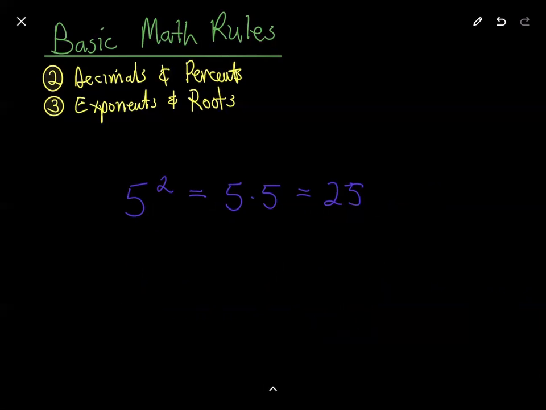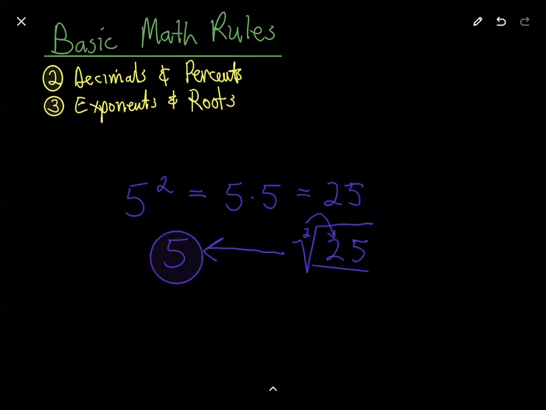You could say then that the square root, which should be written with a 2 inside of the root symbol, but in shorthand, anytime there's a square involved, it's usually left blank, but I'll leave the 2 in for now. The square root of 25 then just takes it back in the opposite direction. That ends up being 5. So 2 numbers that multiply together that equal 25. And of course, that's 5.